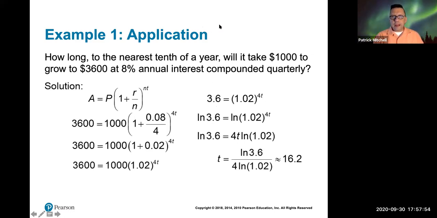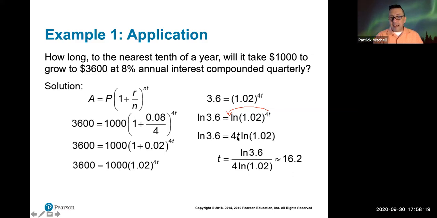And then I never miss an excuse to do this. Natural log of 1.02 to the power 4t. That 4t comes out front. So that gives us natural log of 3.6 equals 4t times natural log 1.02.